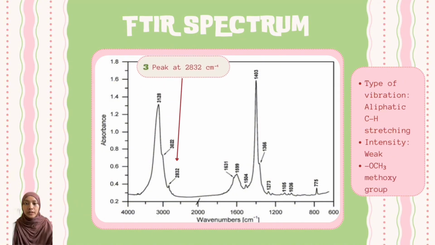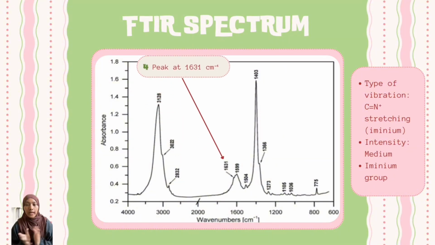The peak at 2832 per centimeter is assigned to methoxy CH stretching. Its intensity is weak. This is because CH bonds are only slightly polar. Since the change in dipole moment during vibration is relatively small, they absorb infrared radiation weakly. This peak confirms the presence of methoxy groups attached to the aromatic ring.